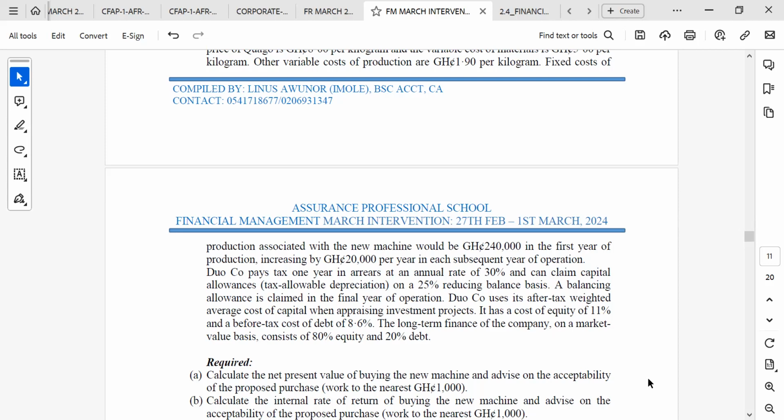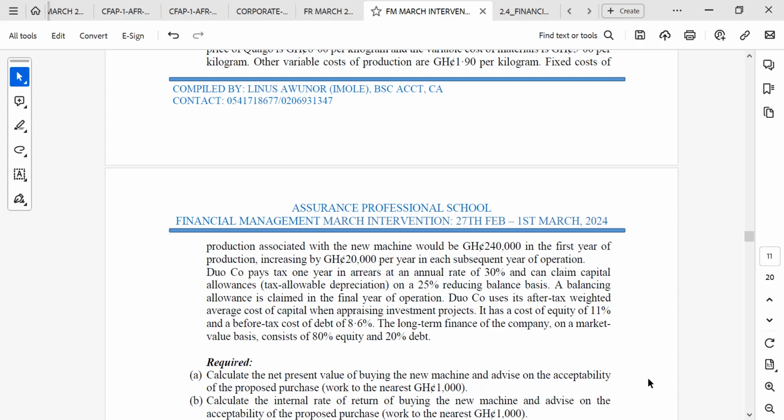Adam, do you have anything to say? Oh no, he's right. So 11%, then they've given us the equity and the debt: 20 and 80. So we have 80 over 100 times the 11%, which gives our equity figure.